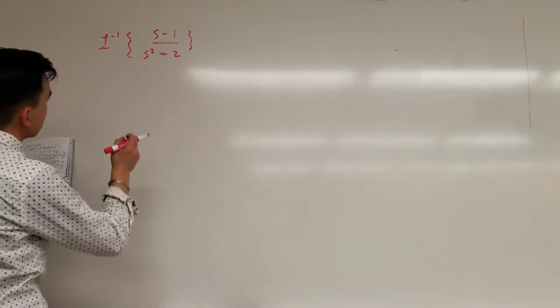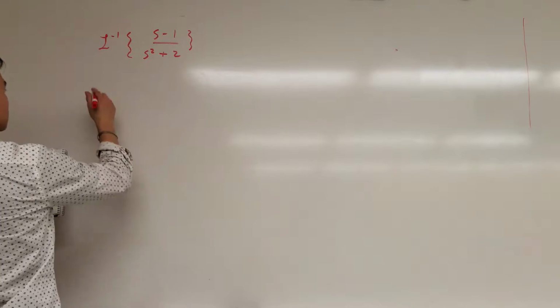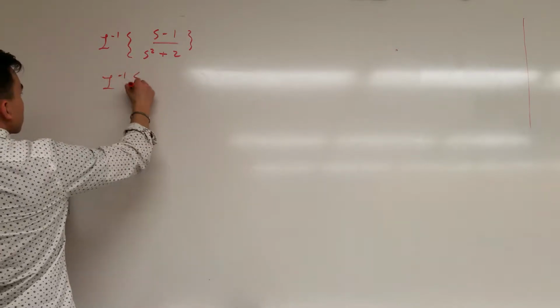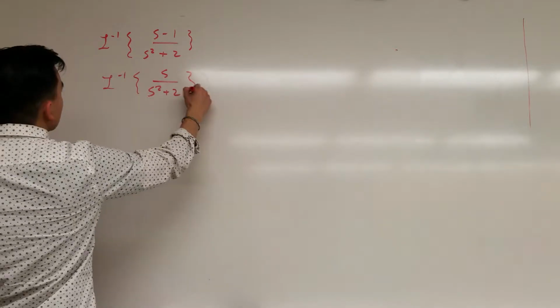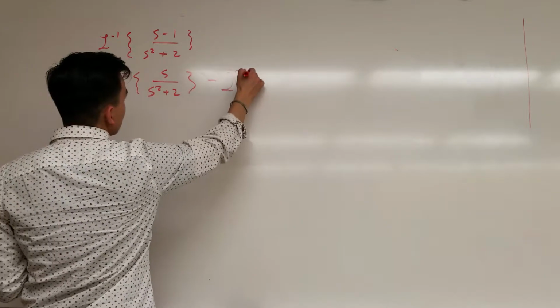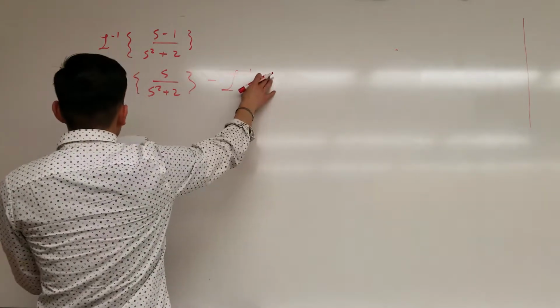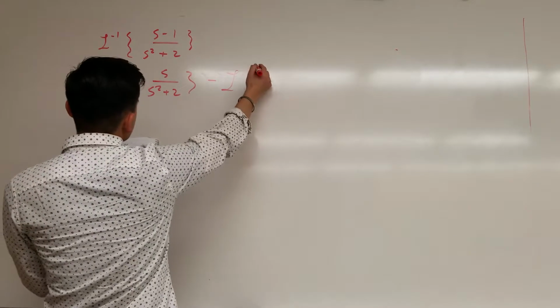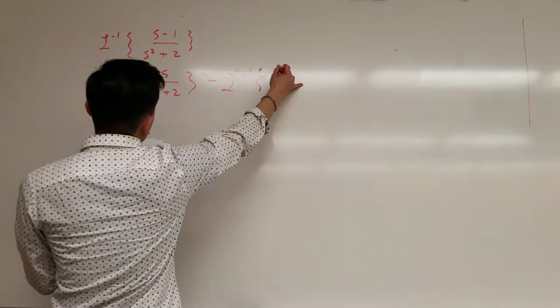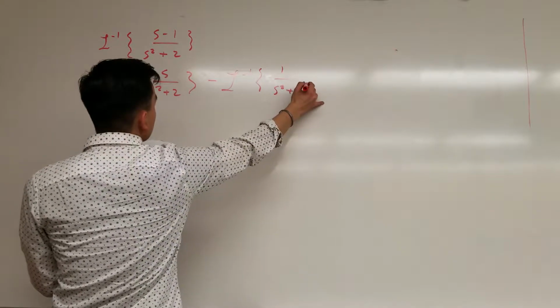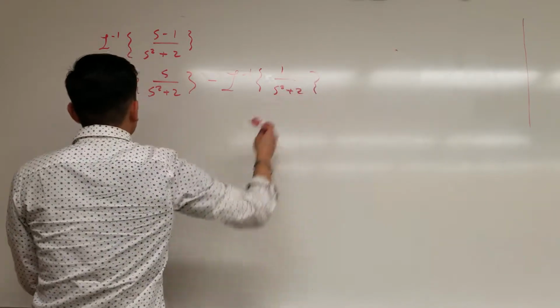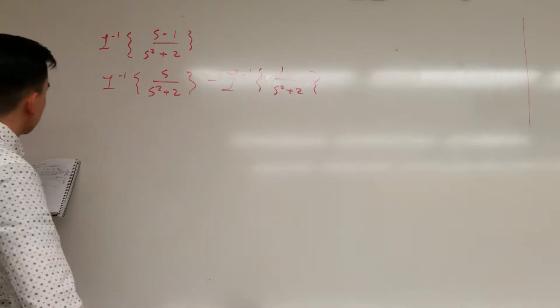Well, I would definitely split it up to look like this: the inverse Laplace of s over s squared plus 2 minus the inverse Laplace of 1 over s squared plus 2. And that's totally okay to do.